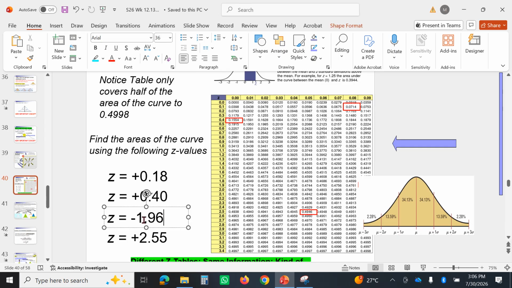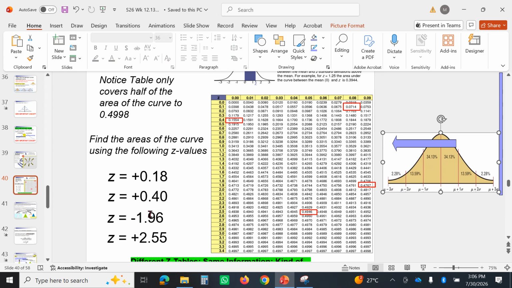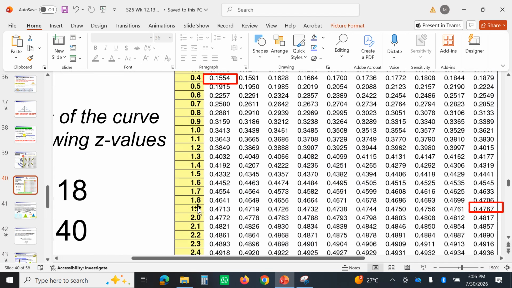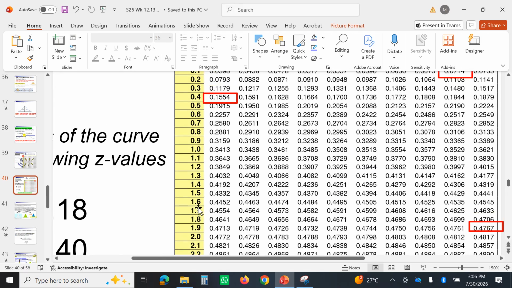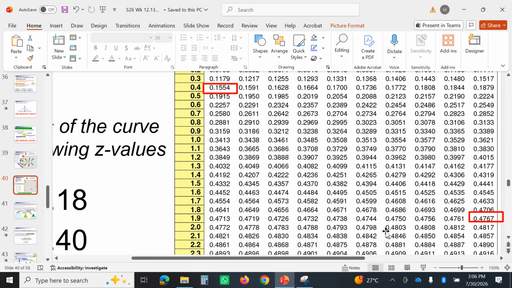So negative 1.96, that's my Z value. I'm not worried about the negative. I only look at the positive here. So 1.96. Zooming in. 1.9, well, 1.9, 0, 1, 2, 3, 4, 5, and 6. So 1.96. Here I've got 0.4750.